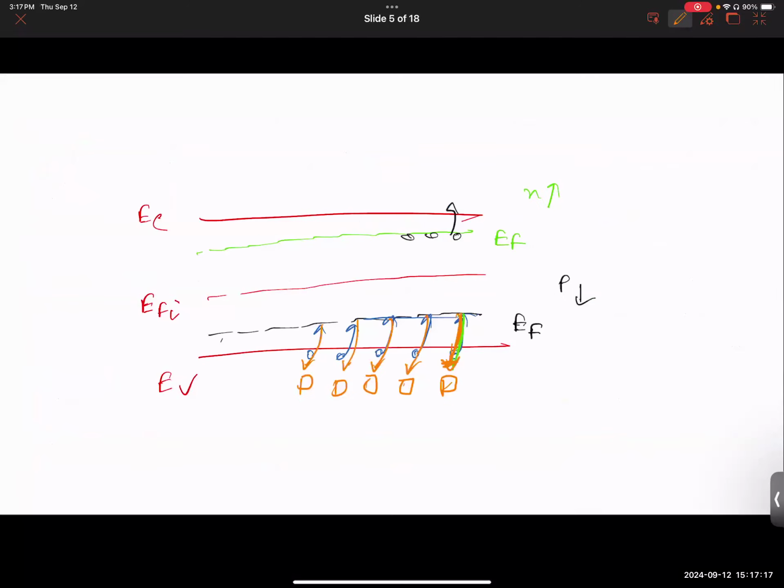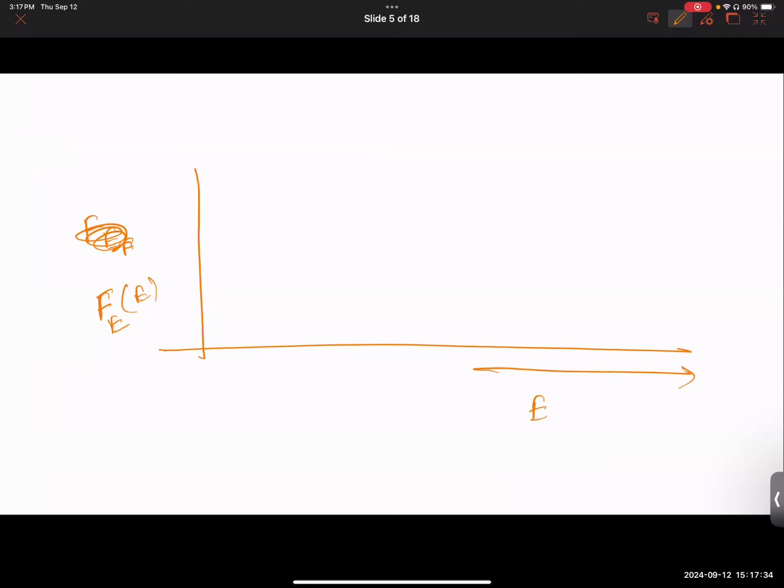Okay, now I want to take a step back here and try to draw the Fermi function. If you remember the Fermi function, let me just draw it this way. F of E. This is energy on the x-axis, and this is the Fermi function on the y-axis. The Fermi function was like this.